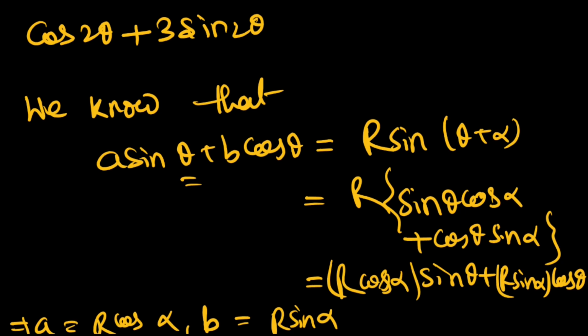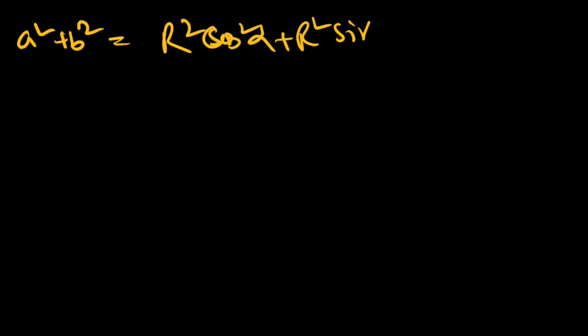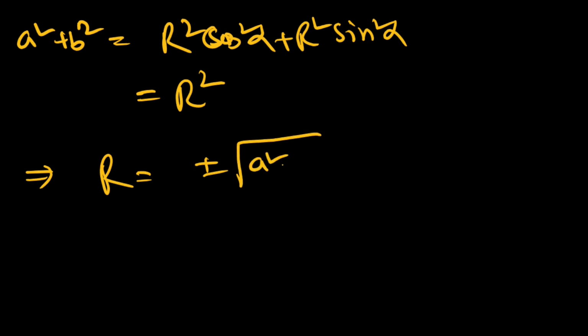Then we square it: a square plus b square gives r square cos square alpha plus r square sin square alpha, which is actually r square. So this implies r is equal to plus minus root under a square plus b square.